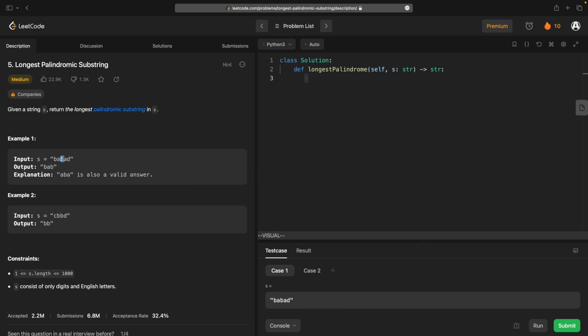That's a bit of a weird case. If we can't extend the full palindrome, the best we can do is just revert back to a 1 palindrome, isn't it? Yeah. So then we would see that ABA does work. So this would be a 3. This would also be a 3.